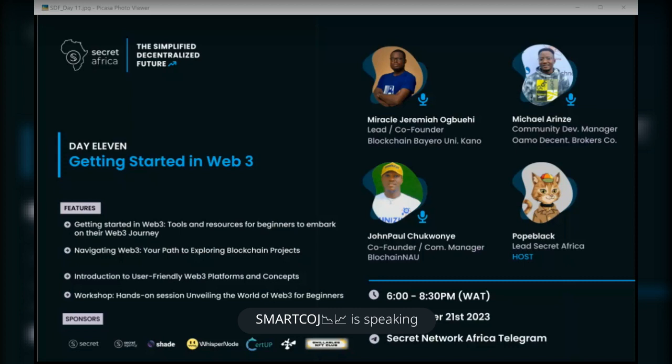Now we are actually in that era of Web3, which is about decentralization and a way of ensuring that our information is safe. That is literally the meaning of Web3.